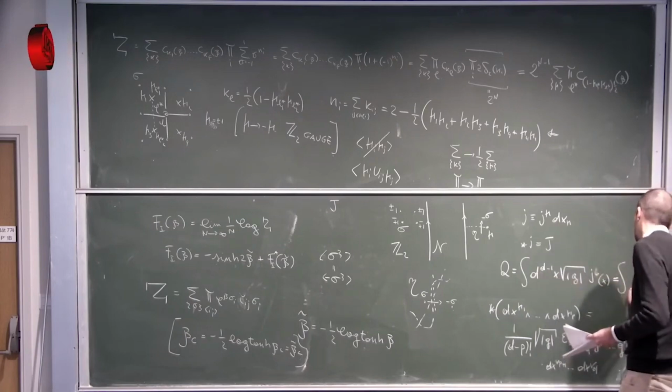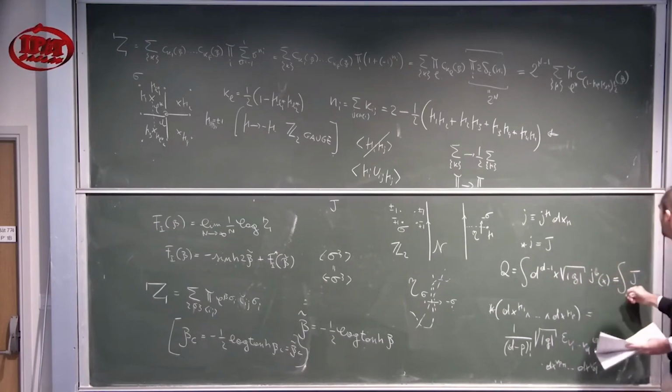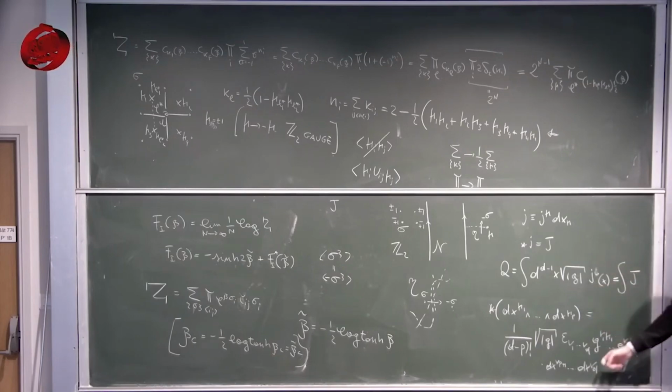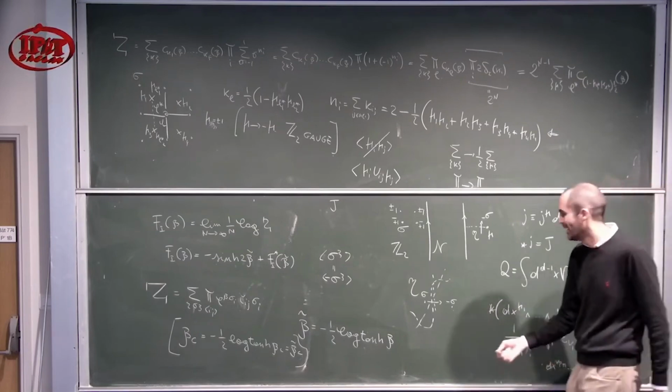The charge is just the integral of this J over all of space. You can check this using the definition. And J contains in its value already the differentials. So that's what makes the notation convenient.